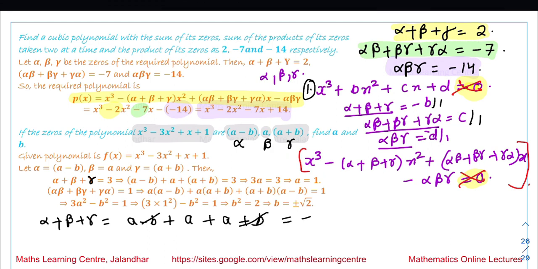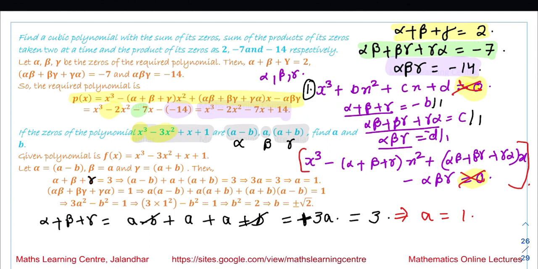The b gets cancelled and it is 3 times a, and we know its value will be equal to 3. Why is it equal to 3? It is minus the coefficient of x square over the coefficient of x cube, so it is 3 over here. So 3a is equal to 3, and the value of a is equal to 1.